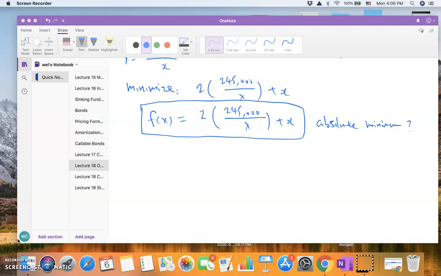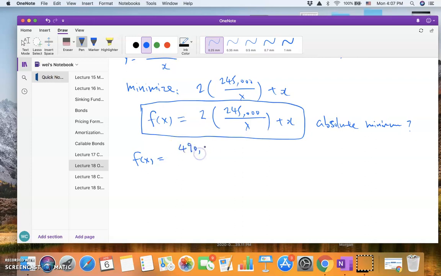Okay, let me continue on this problem. Right now, we understand that we are looking for the absolute minimum value of this function. So f(x) is 490 thousand over x plus x.